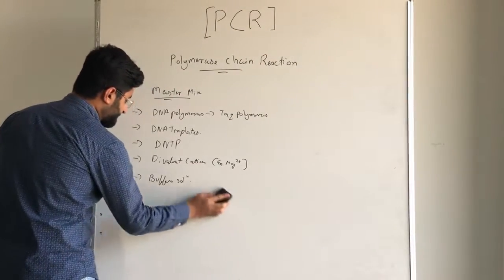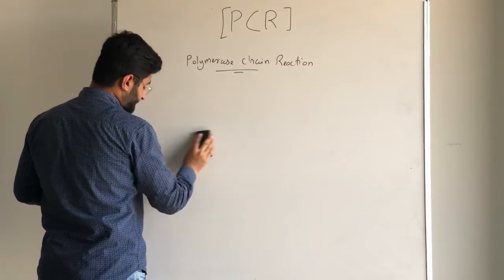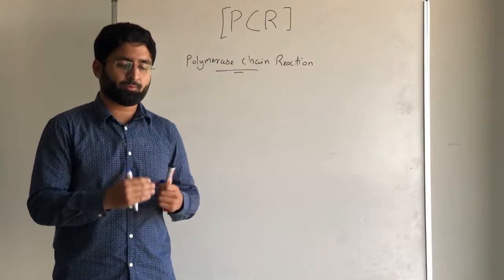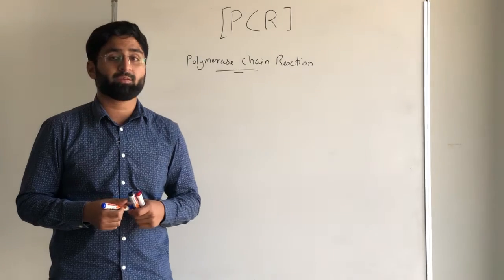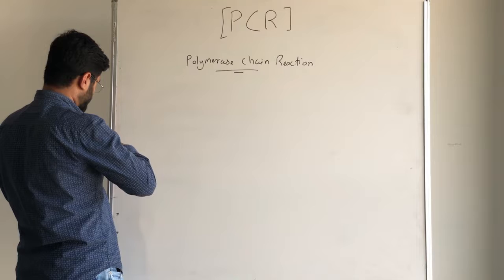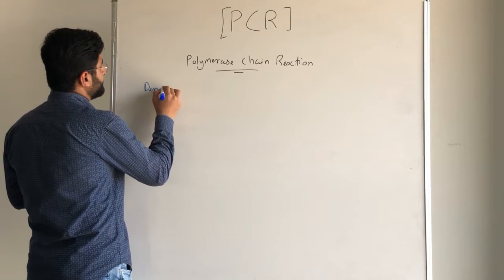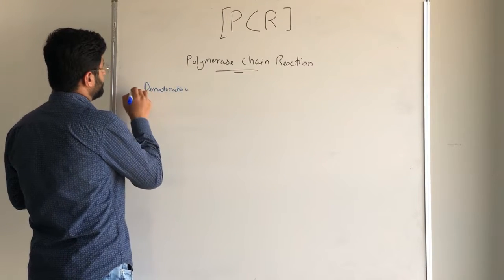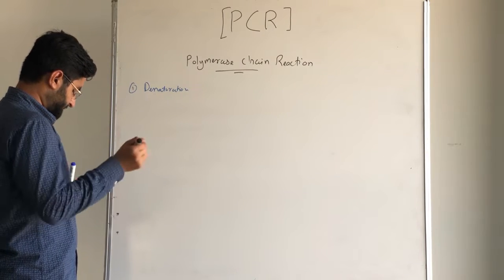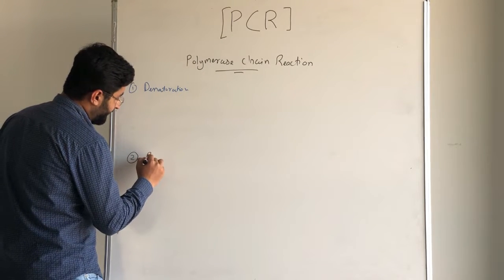Now let us understand the whole mechanism, the whole process, all 3 steps which are involved in the PCR. The first step is denaturation. The second step is primer annealing.